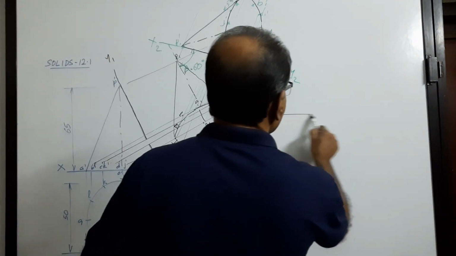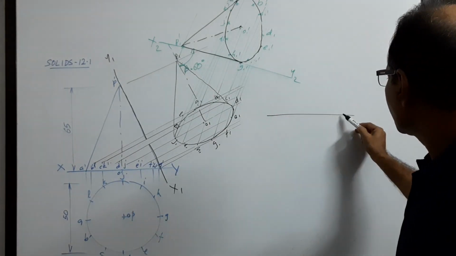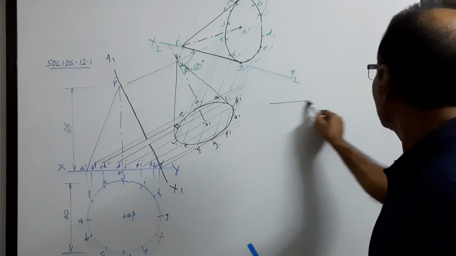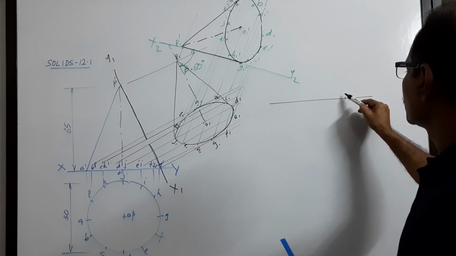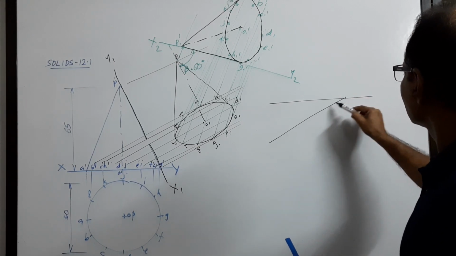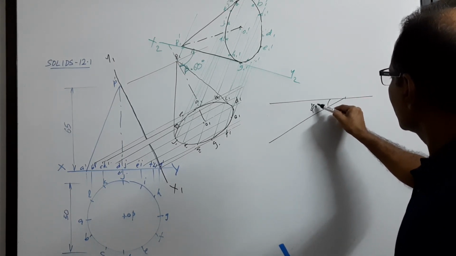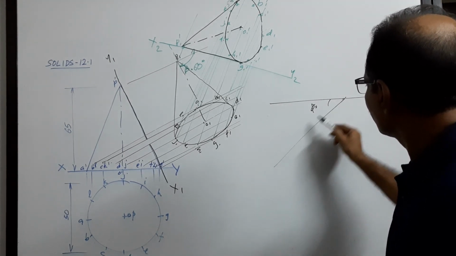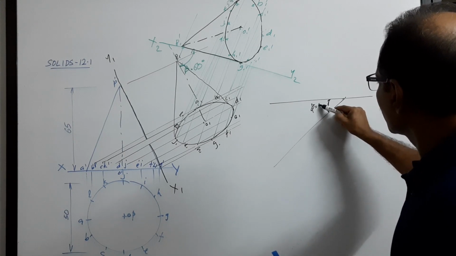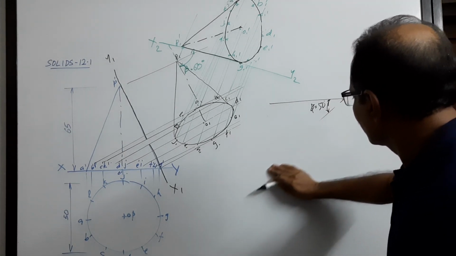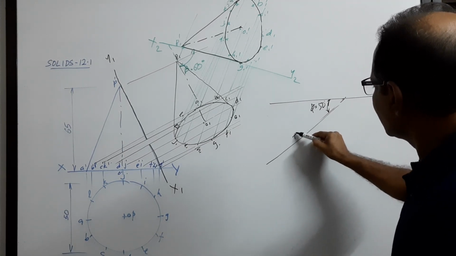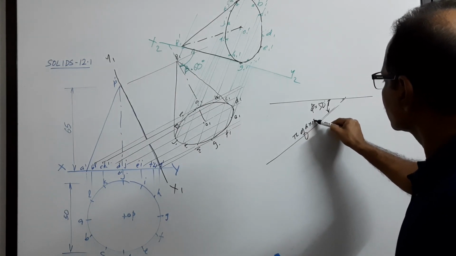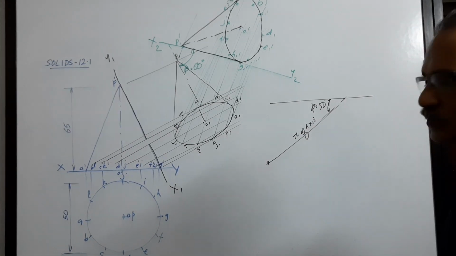You draw a horizontal line. Take any point. Take the true length of the axis at phi. In this particular problem, phi is given as 50 degrees. Take phi and draw a line. This line is the TL of the axis, the true length of the axis. Draw a locus.